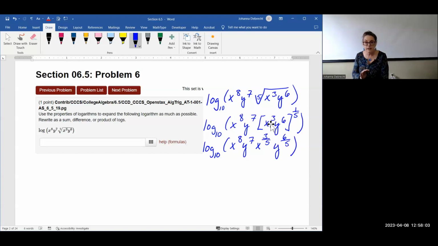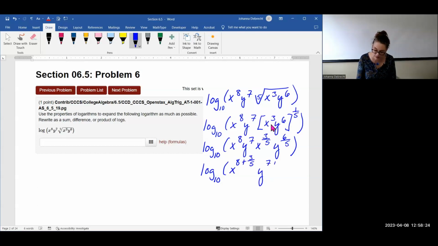Now, looking at this, I see that I've got two x factors and two y factors, and then I can think about what the rule is for that. So the rule is when the base is the same, you add the powers. So I have x to the 8 plus 3/5, and this becomes times y to the 7 plus 6/5.